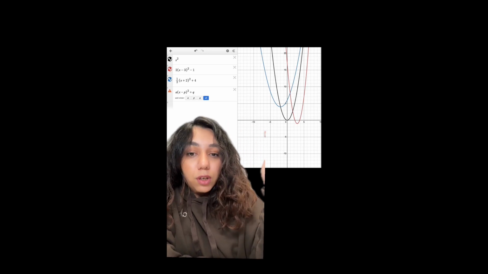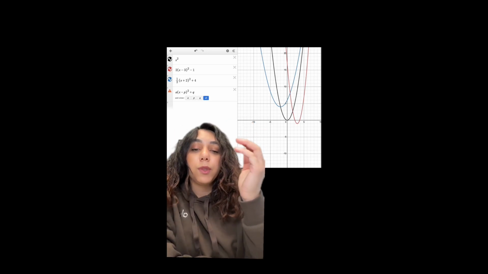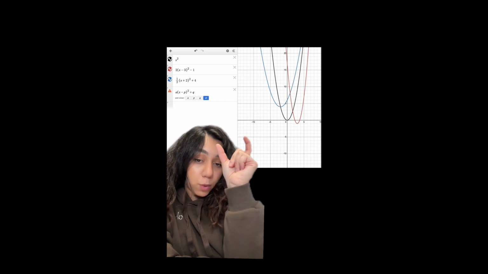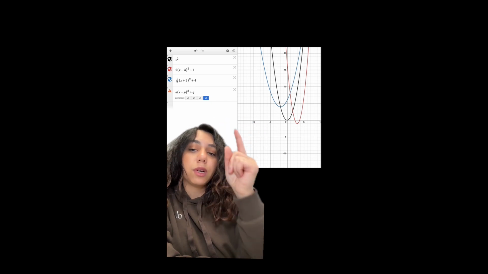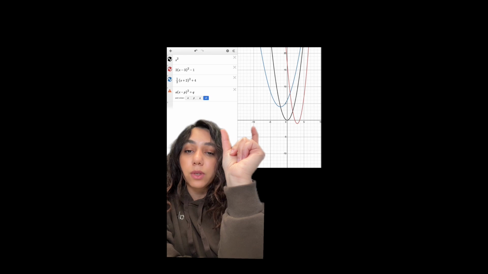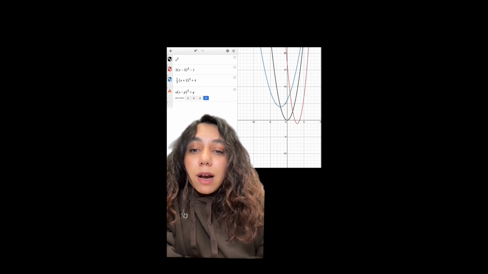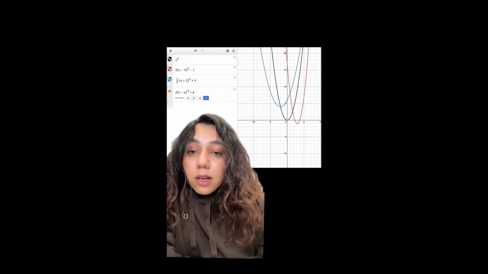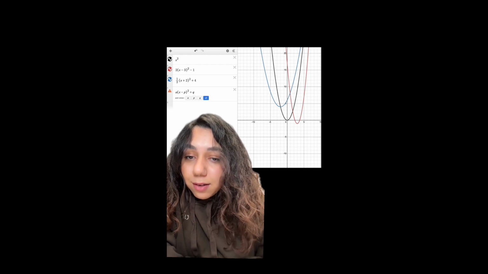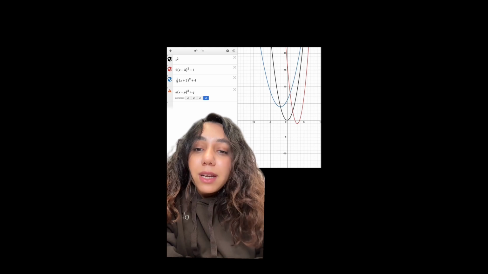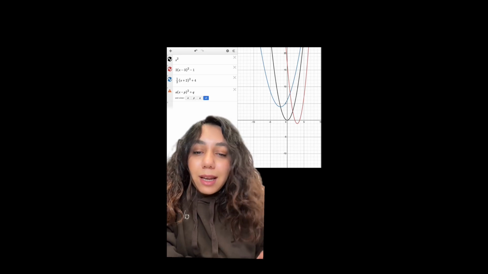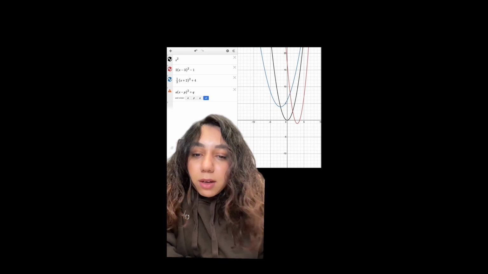The sign of 2 being positive or negative shows whether my parabola goes up or down. So don't forget that. Since it's positive 2, it just goes up. What does the value of a tell us? If the value of a is greater than 1, and also positive, we're just talking about positive a's here, you can expand this to the negatives, and it's the same thing, easy.